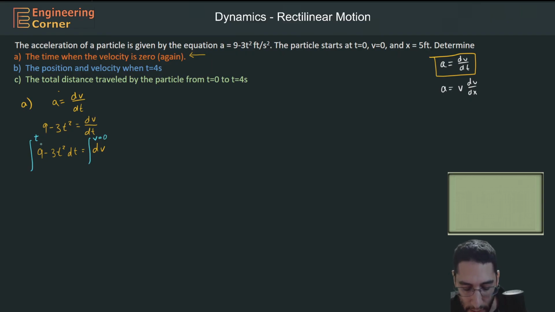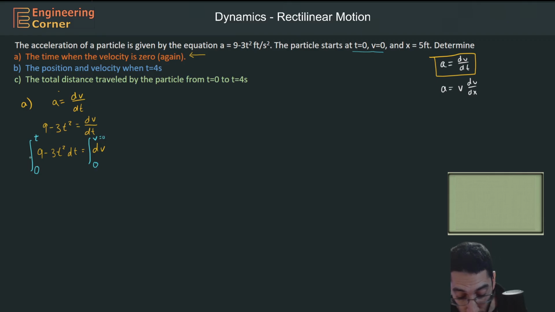Then at my lower bound, it's what's given here: at time equal to 0, my velocity is also equal to 0. Right now I'm not going to plug in that 0 just yet. I'm going to keep that as a v, so we can work through a few more of the steps. But do know that I am saying that this velocity needs to be 0.